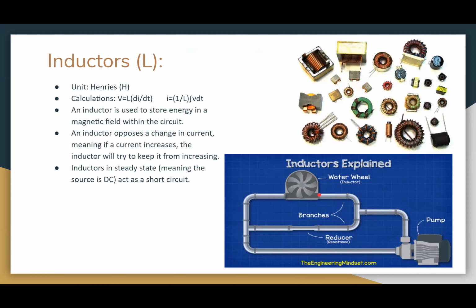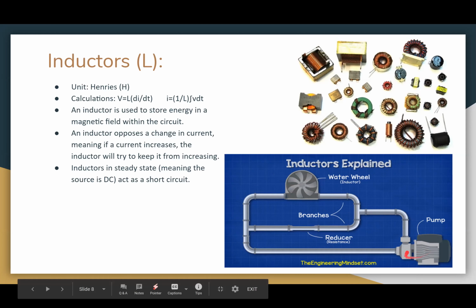It just won't move, simply because the water wheel is too heavy for the water to move at the time. There's not enough force to let the water get through. So initially, the water will be flowing in through this branch right here and back into the pump.